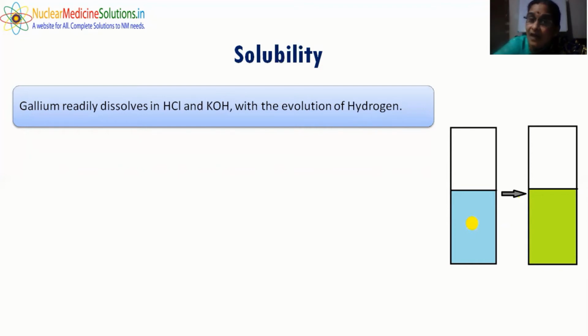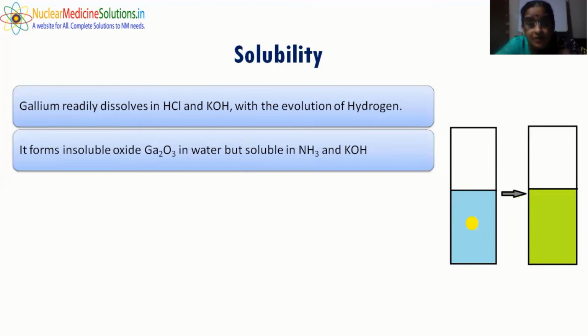Actually, that is why hydrochloric acid is used as the eluent, the solvent which will bring out the gallium-68 from the germanium-gallium generator. And this is one of the reasons why we study the gallium chemistry. Here we are seeing the solubility aspect.